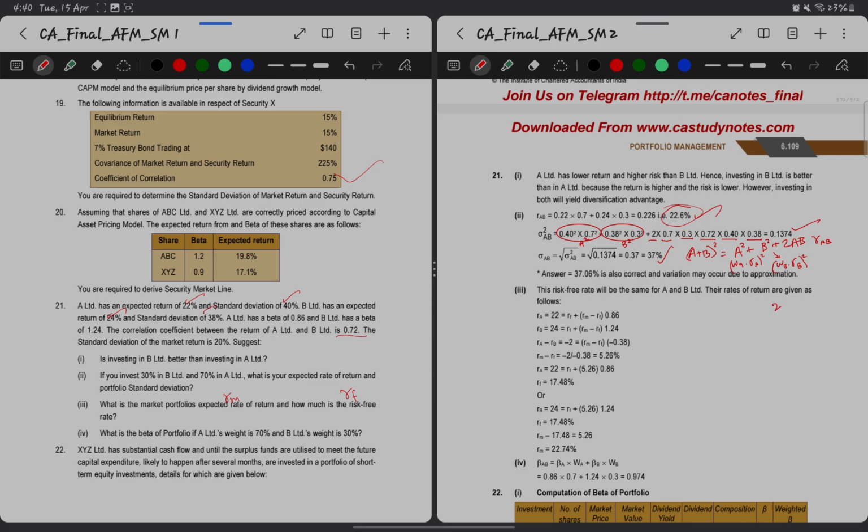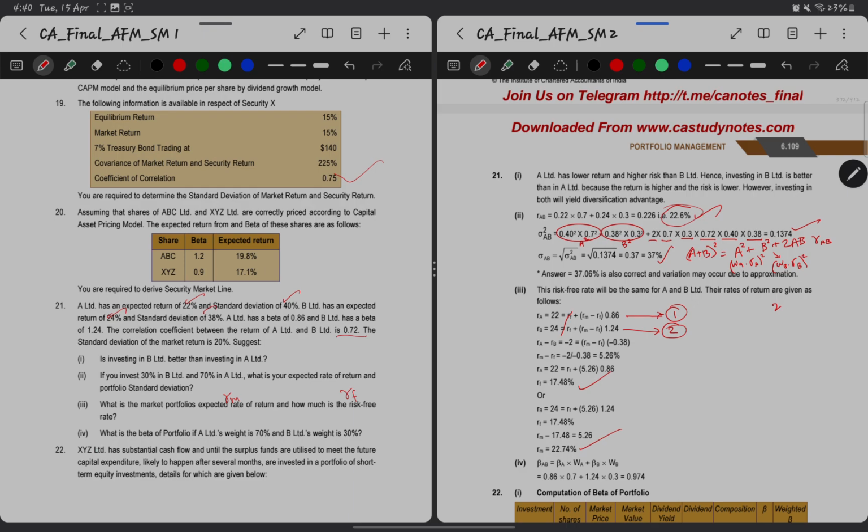Substituting that, we will be creating two equations. So in our case, this will be the first equation and this will be the second equation. Then by the simultaneous equation method, by just changing all the negative signs and then eliminating RF, we will get RM minus RF, the risk premium value. Then we'll be deriving this 17.48 as the risk free return and RM will be 22.74.